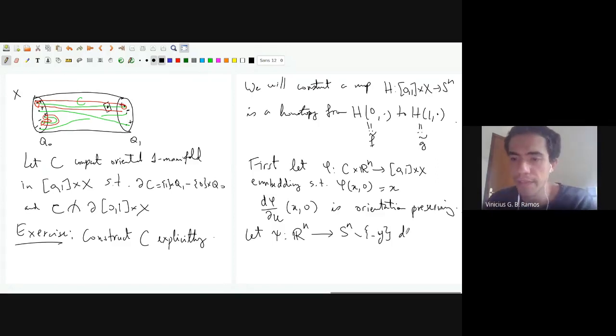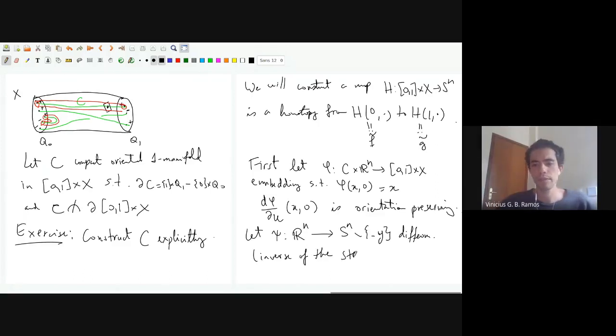So we can find a diffeomorphism, which is the inverse of the stereographic projection, for example, taking 0 to y.